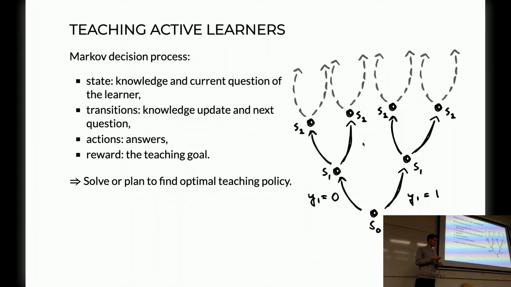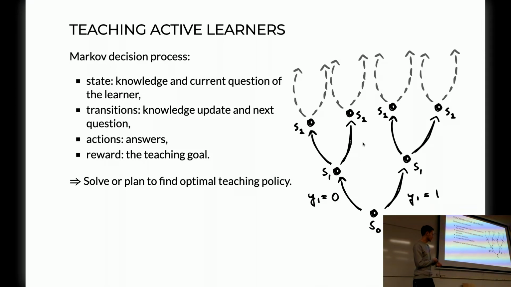So we have states, like S0 is the first state, and this contains the current knowledge of the learner and also the current question. And now the teacher can choose an answer to the question.